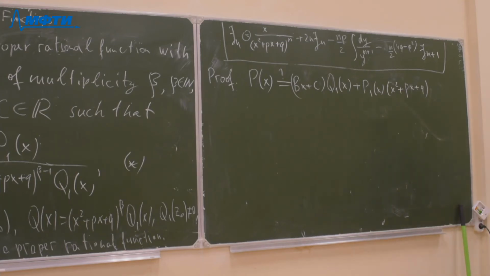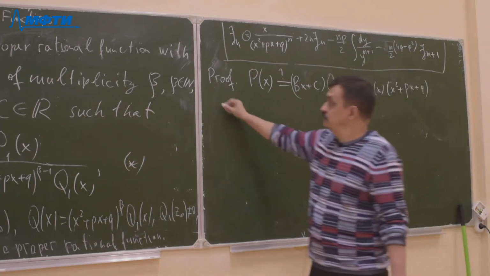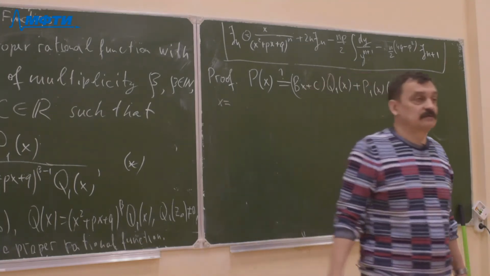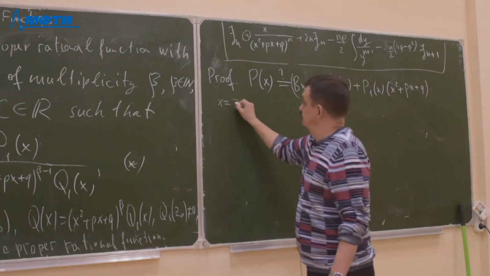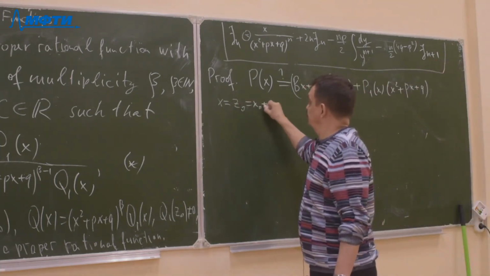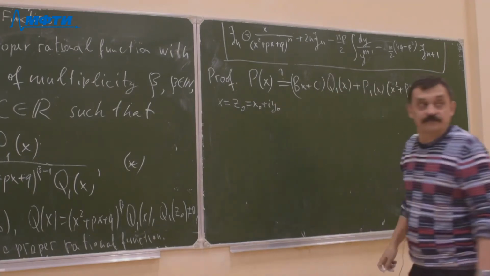And once again, the idea is to substitute x equals to what? Zero, right? 0 of the polynomial q. And it means x equals to z naught, or x naught plus I y naught, right?